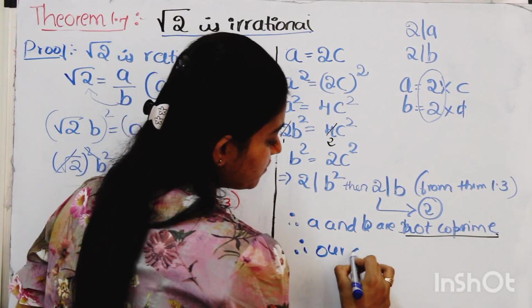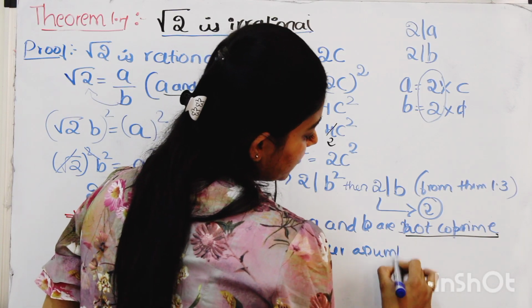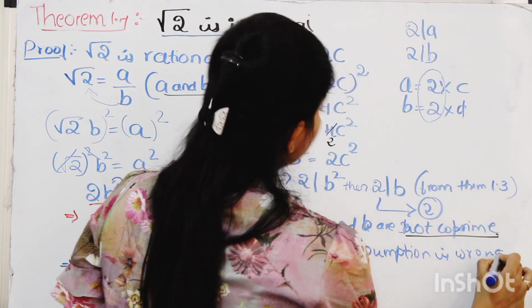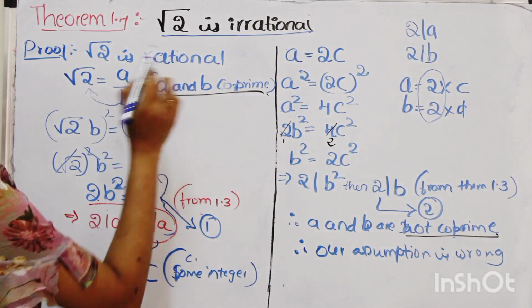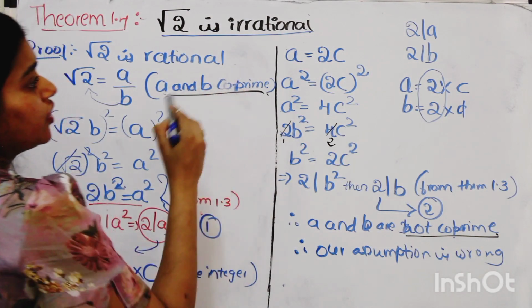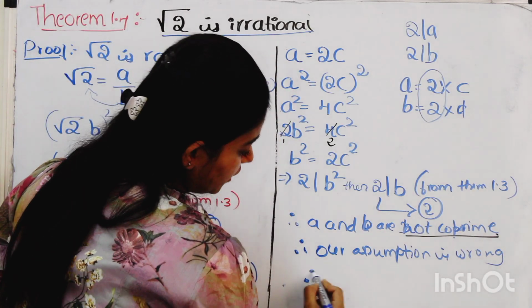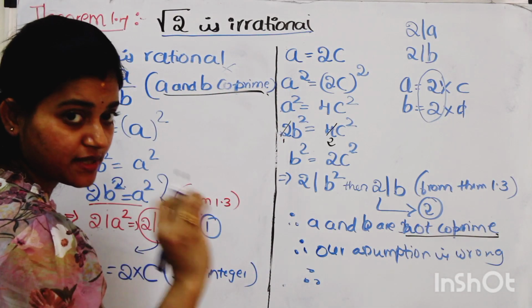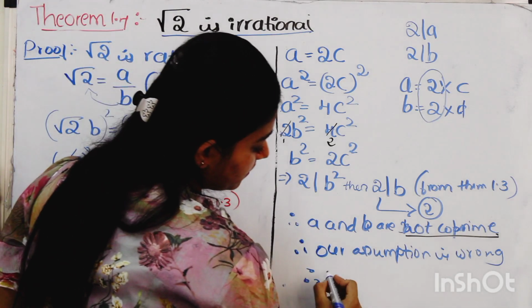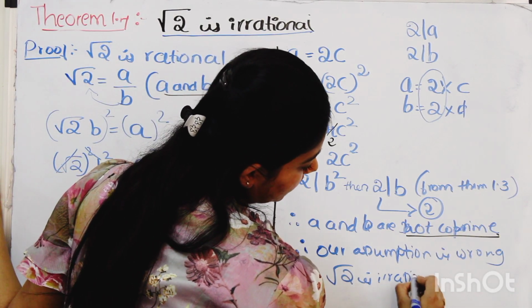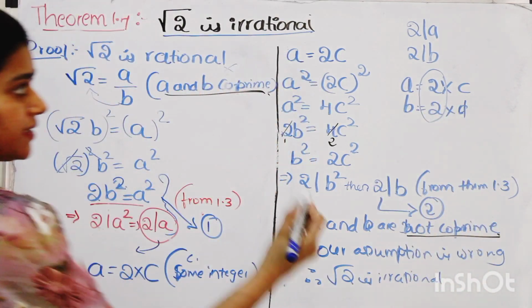What is our assumption? Our assumption is that root 2 is rational. So this is wrong. Therefore, root 2 is irrational. So what is the correct statement? Root 2 is irrational is the correct statement. So this is the proof.